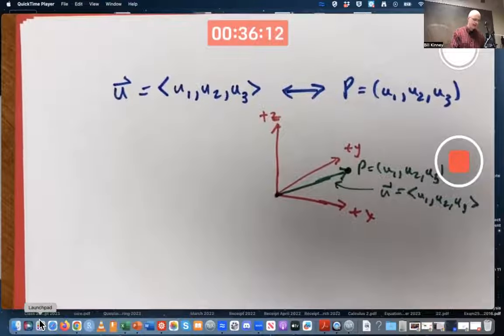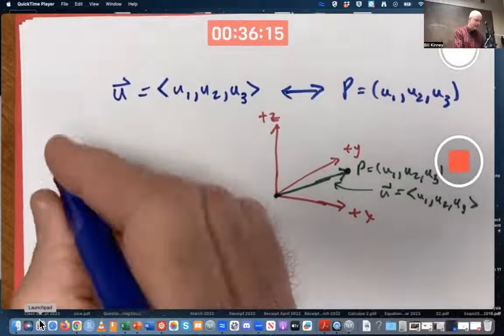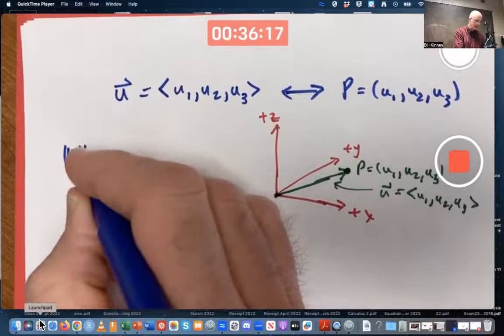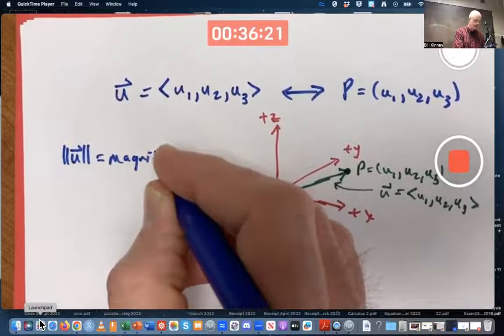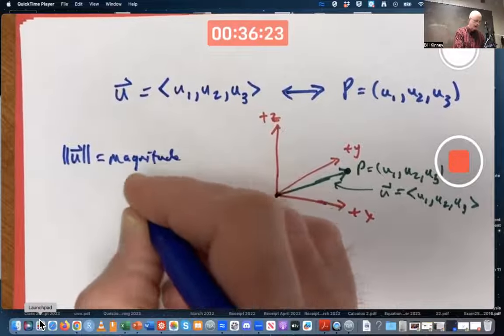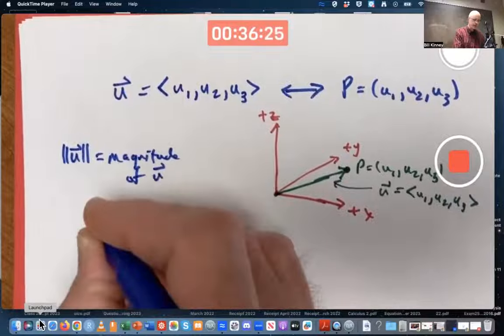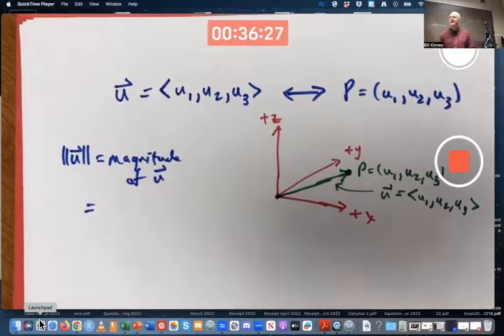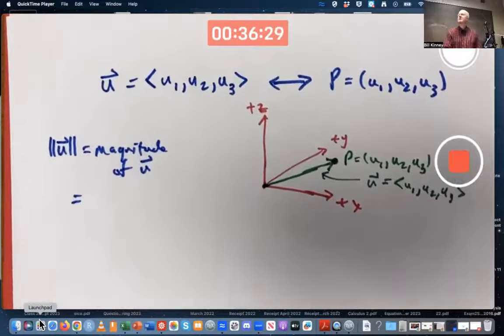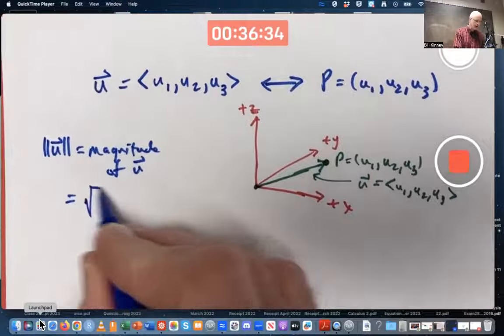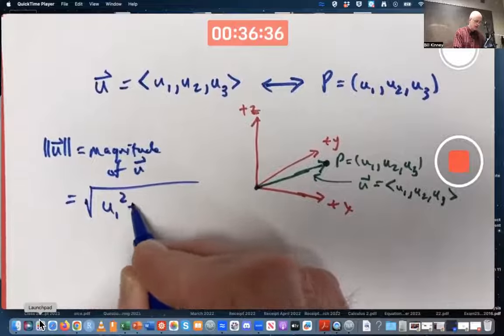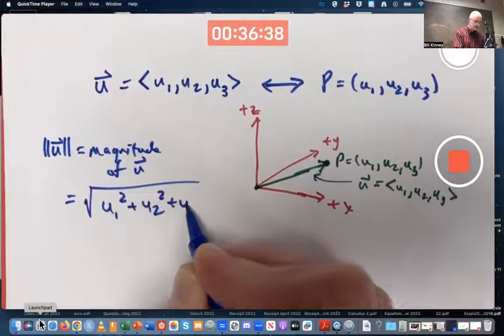What is the length of the vector? What is the magnitude of u, denoted by double absolute value signs? Magnitude of u, well, just apply the distance formula to the point P effectively compared to the origin. So what you're going to get is the square root of u1 squared plus u2 squared plus u3 squared.